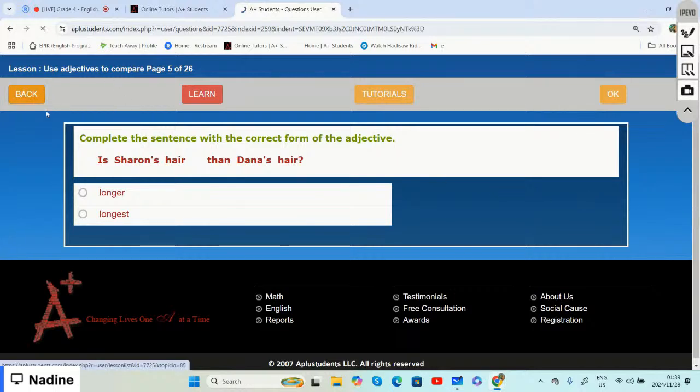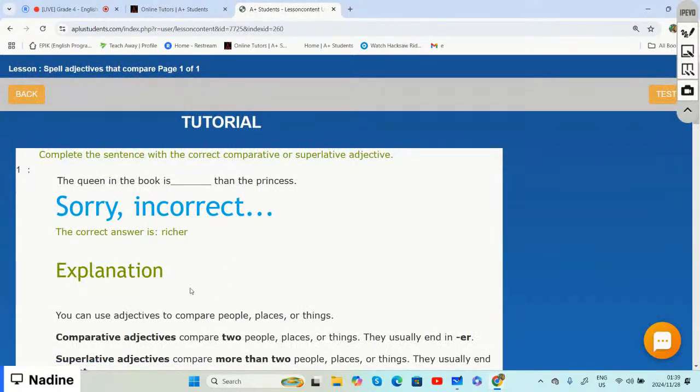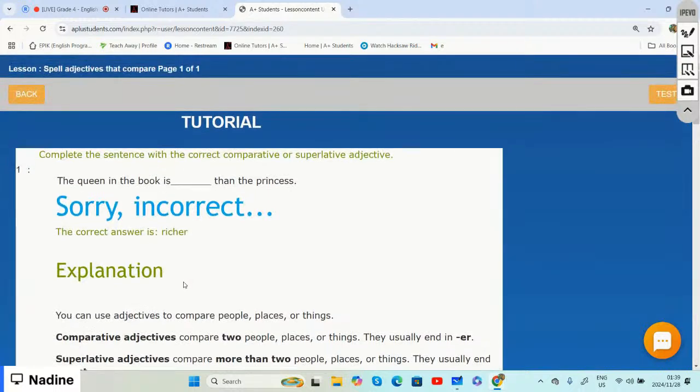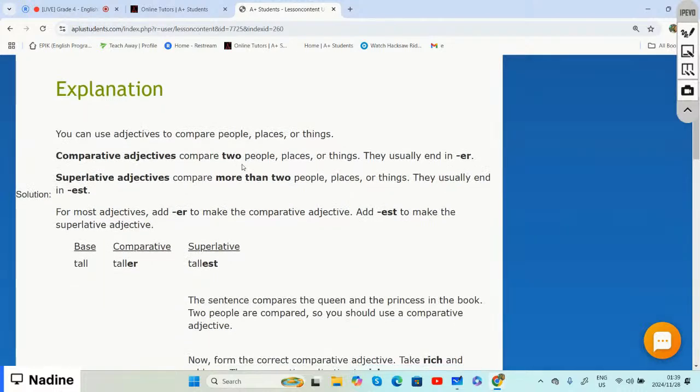All right. Now we're going to spell adjectives that compare. It's basically just writing the very same thing, where we are comparing either two people, two places, or two things, which is comparative and it ends in ER, or we have superlative adjectives that compare more than two people, places, or things, and they usually end in EST.